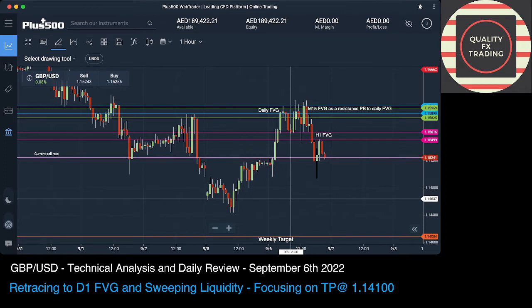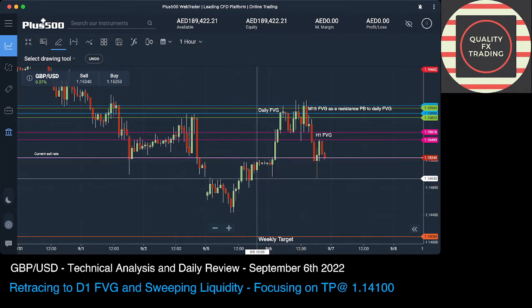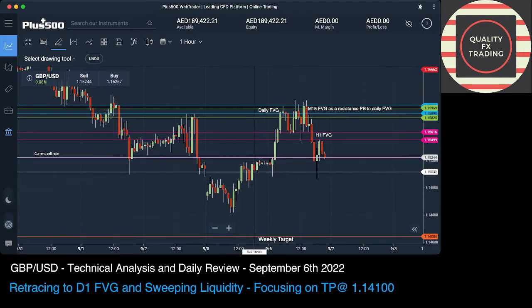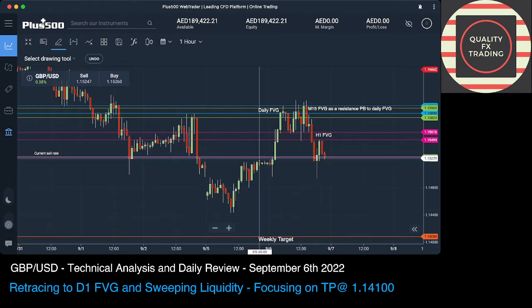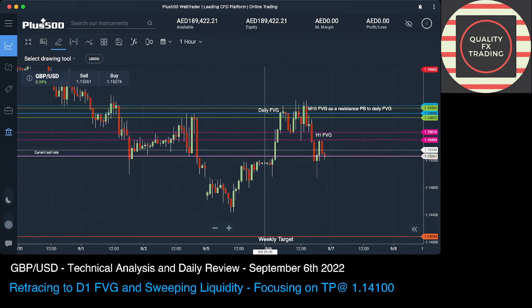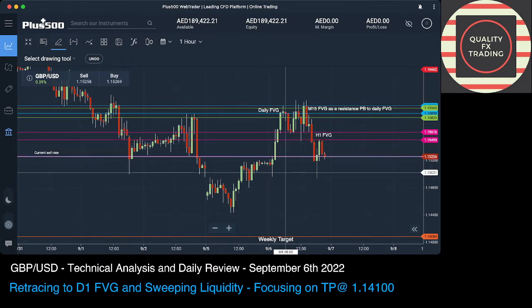Price was here yesterday when I was talking, and here there was an H1 imbalance, and I was telling price can go inside by London session. Same thing happened, but did it give us any sell setup? No. I said if you are getting a sell setup, go for it.